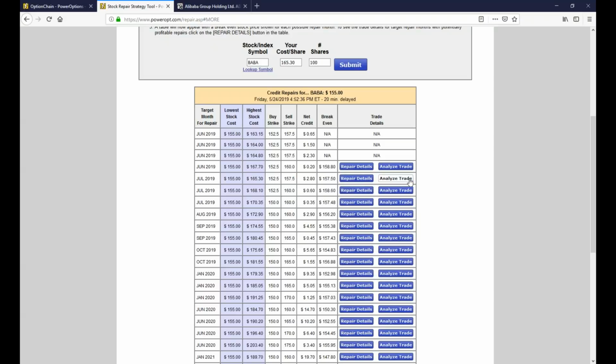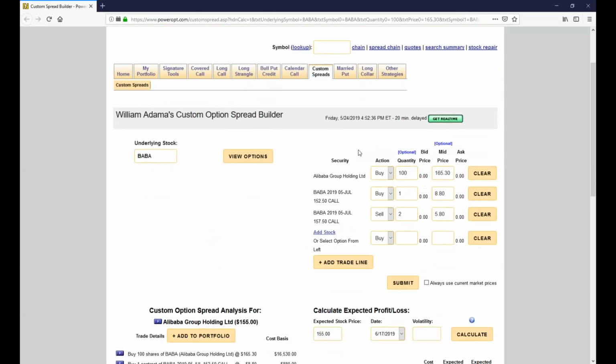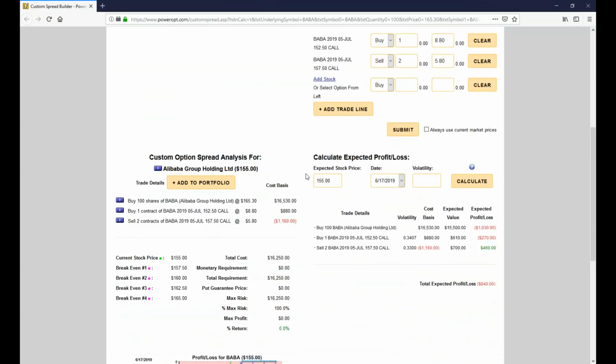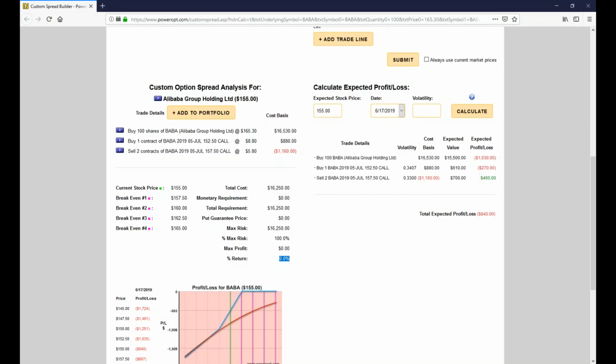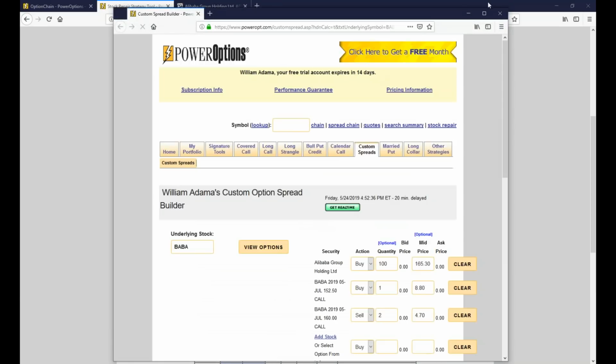So now, remember, we rolled down first to the July 155 with a cost basis of 1030. See, that gives us a repair, but it just puts us right at zero. It doesn't profit. Even with that credit, you'd probably want something a little bit higher, 158. Let me try this one, the 158.60 break even.